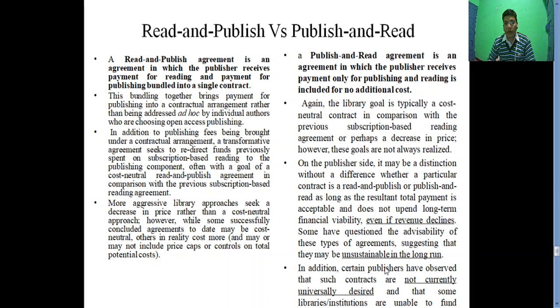Even if revenue declines, some have questioned the advisability of these types of agreements, suggesting that they may be unsustainable in the long run. In addition, certain publishers have observed that such contracts are not currently universally desired and that some library institutions are unable to fund publication fees.